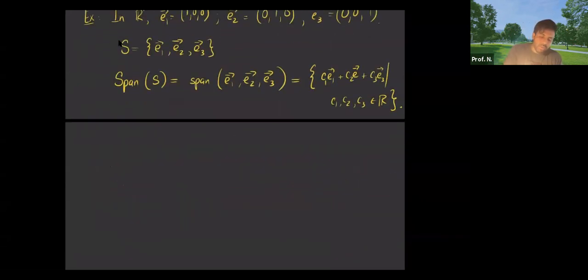And remember, what are E1, E2, E3? If we look at it from a geometric representation, E1 is 1 here, and then you have E2, this is Y, and you have E3.